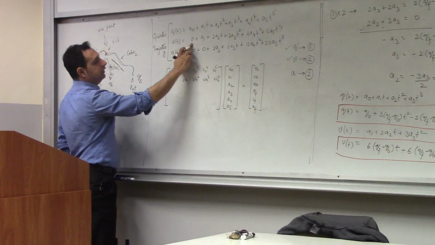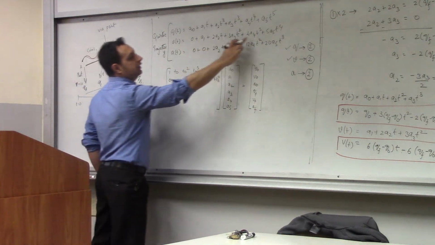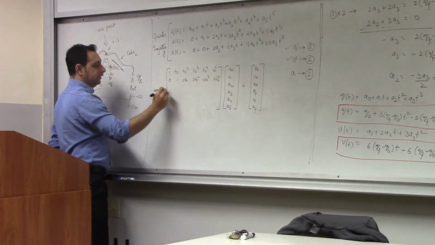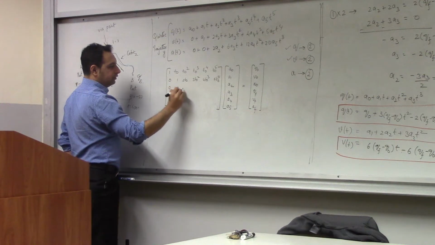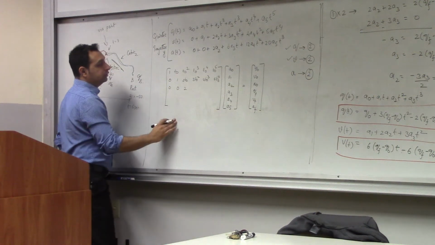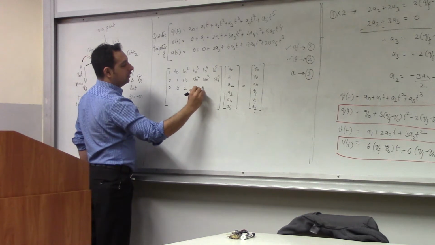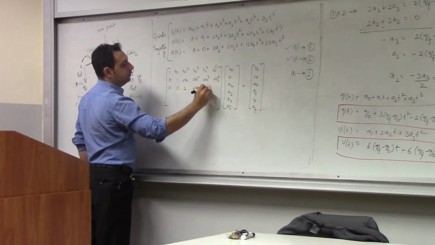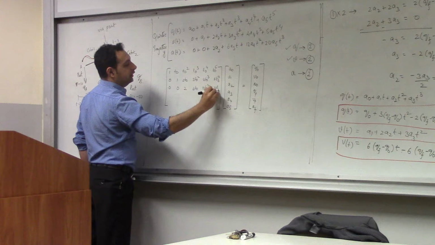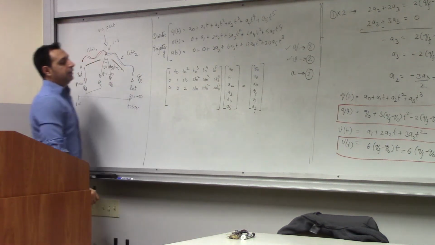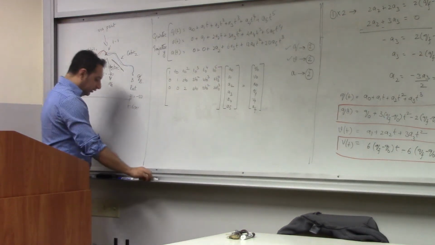Substitute t equal to t0 in this set of equations for the initial condition. Then you'll have 0, 0, 2, 6 t0, 12 t0 squared, and 20 t0 cube. These are the first three equations.